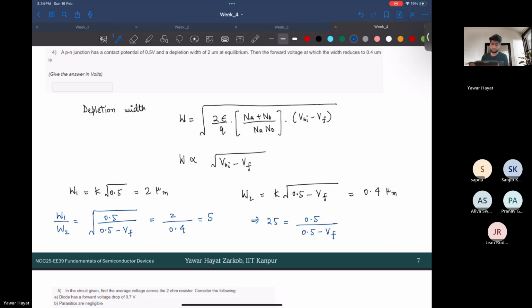Just work it out and let me know what is the value of VF. Solve it for VF and let me know what is the VF that satisfies this equation. 0.48, correct. So the correct answer is 0.48 volts.